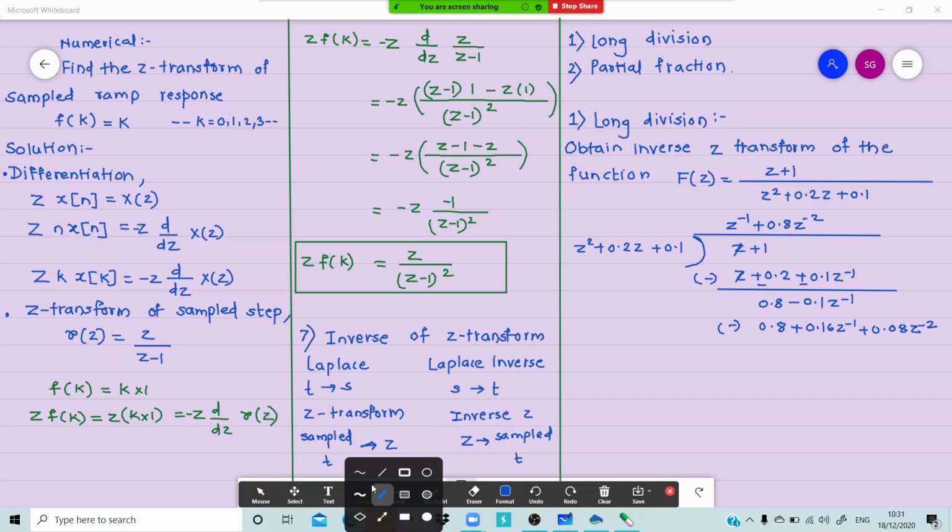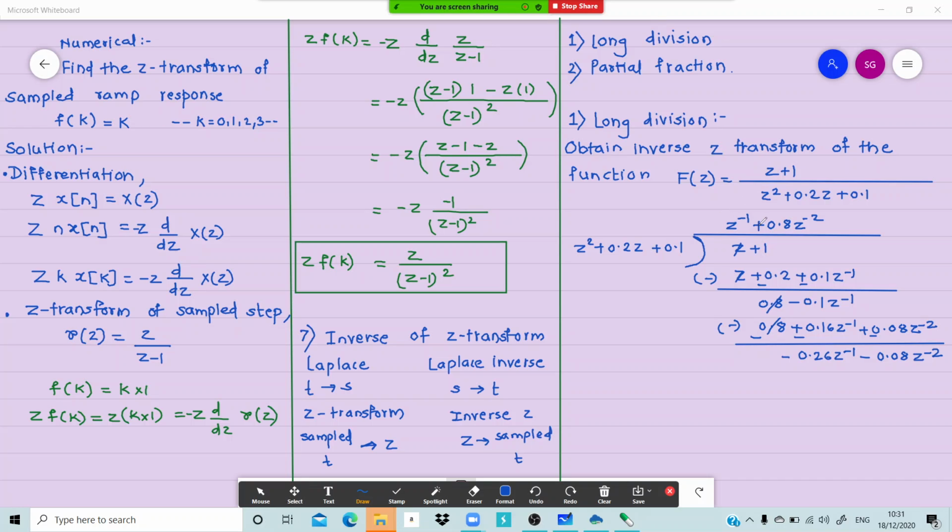Okay, then if I do subtraction now, this will get cut down, alright? So you are having minus 0.26 z raised to minus 1 and minus 0.08 z raised to minus 2. Okay, so this is the remainder and this is your answer.